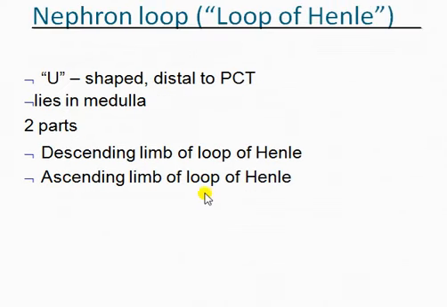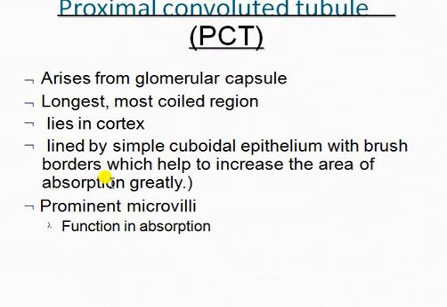The loop of Henle is a U-shaped loop, a hairpin-like structure, different from the proximal convoluted tubule. It lies in the medulla and has two parts, descending and ascending. Descending means going down, ascending means going up.